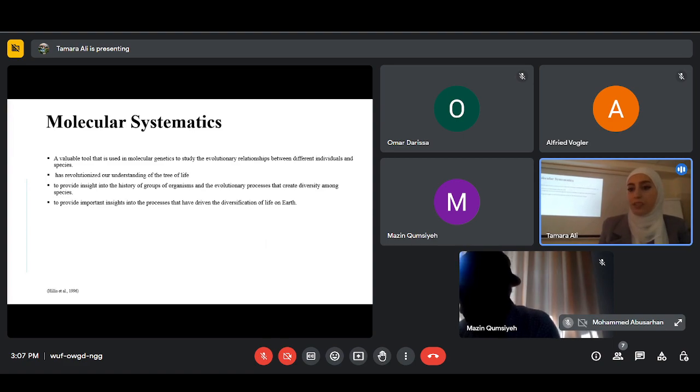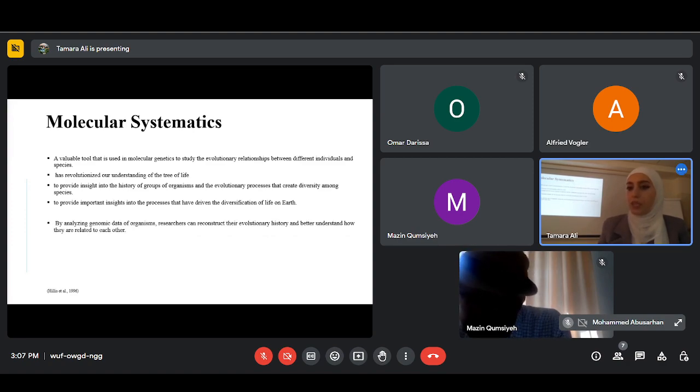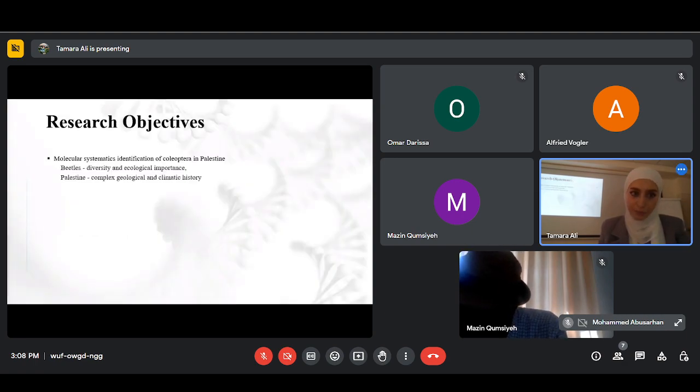This approach has provided important insight into the processes that have driven the diversification of life on Earth, and into the history of groups of organisms and the evolutionary processes that create diversity among species. By analyzing genomic data of organisms, researchers can reconstruct their evolutionary history and better understand how they are related to each other.